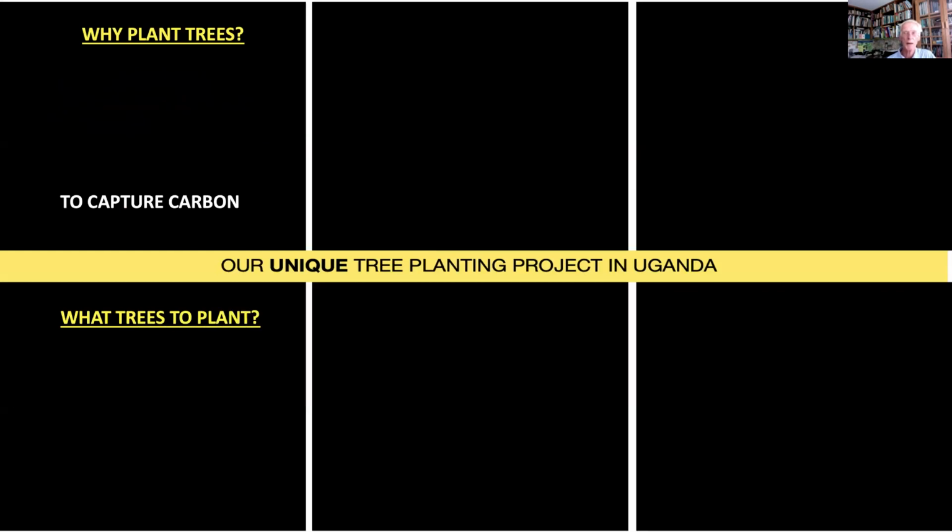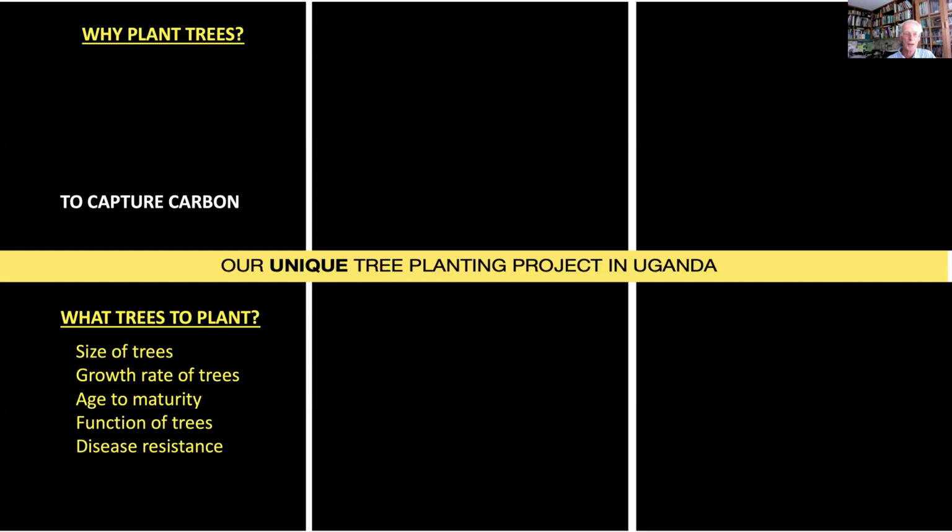There are many, many species of trees. Trees vary hugely in the size that they grow to at maturity. Growth rate of trees varies a lot. They can grow quickly, they can grow slowly. Their age to maturity can vary. Some trees will mature at, say, 40 years of age. Other trees, like an oak tree, will carry on maturing up to the age of 100, 150, and even older.